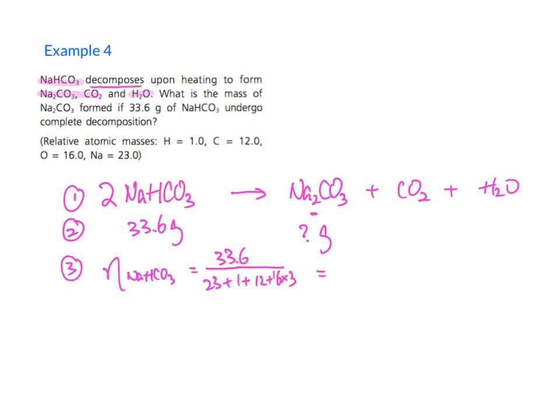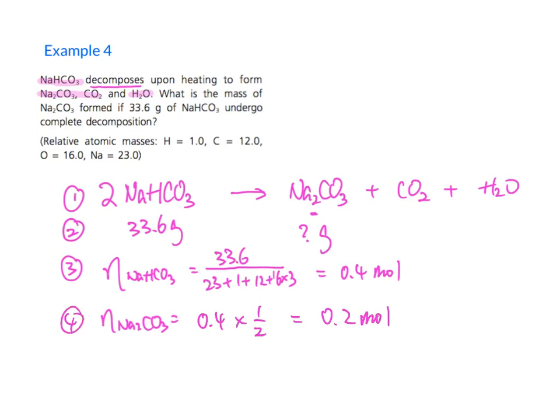This one will be equal to 0.4 mole. While for sodium carbonate this time, you have to divide by 2 times 1, from here to here. So you have 0.4 divided by 2 times 1, 0.2 mole.